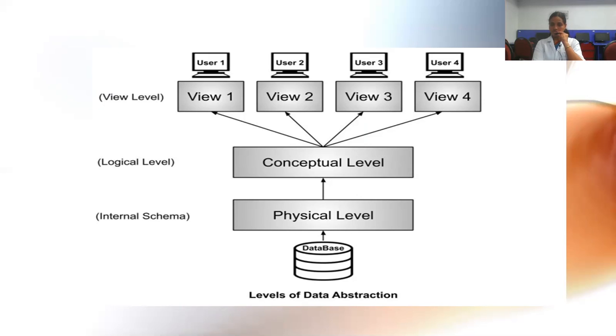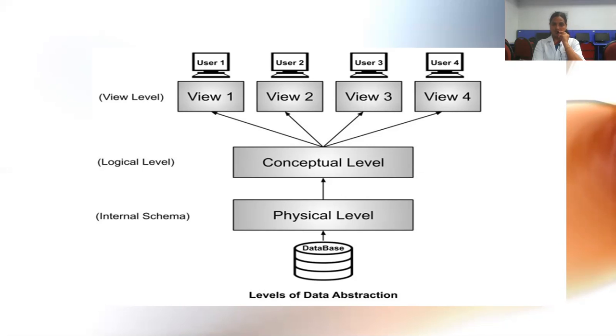We can also say that the physical level is the lowest level of abstraction. In the logical level, there is a little higher data abstraction. And the view level is the user level. In the user level, users can view only the particular details they want. You can have several views on a database.